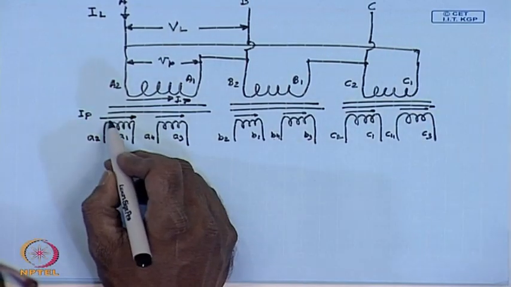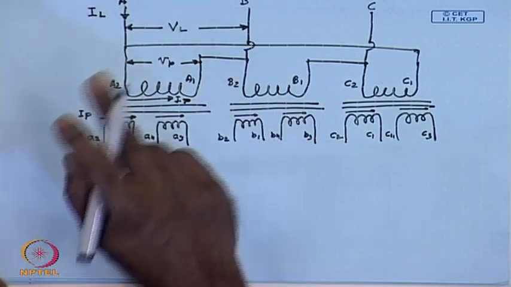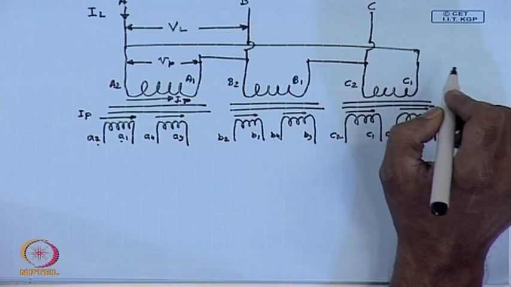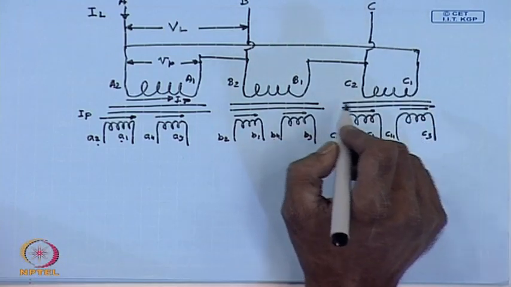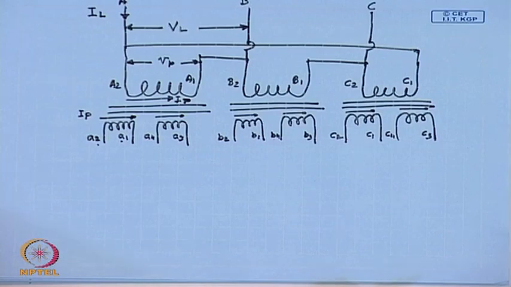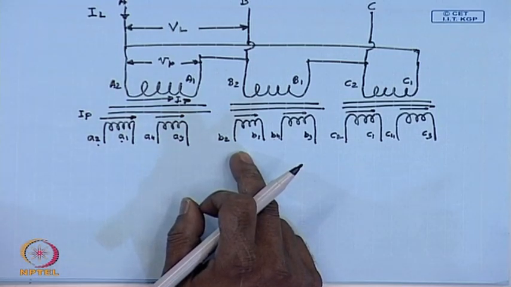This current I will call I A2 A1, this is I A4 A3, this is I B2 B1, that is from B2 to B1. In order to make a zigzag connection, what is done is one of these sets of windings are star connected.